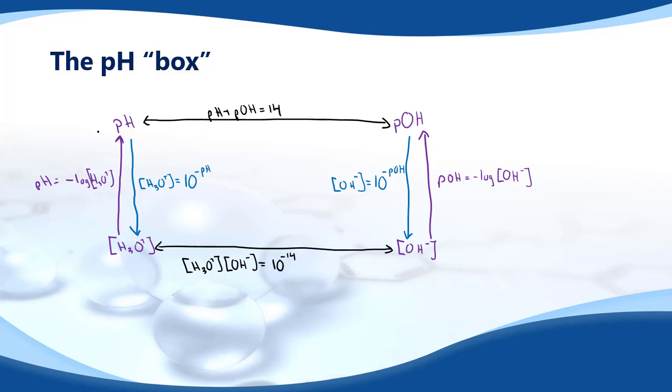So if I give you the pH and I want to know the hydroxide concentration, I can either go across the top and then down, or I can go down the left and across the bottom. Doesn't matter which way I go, so I'm just going to do whatever math makes my life a little bit easier. All right, so this is pH and pOH calculations.